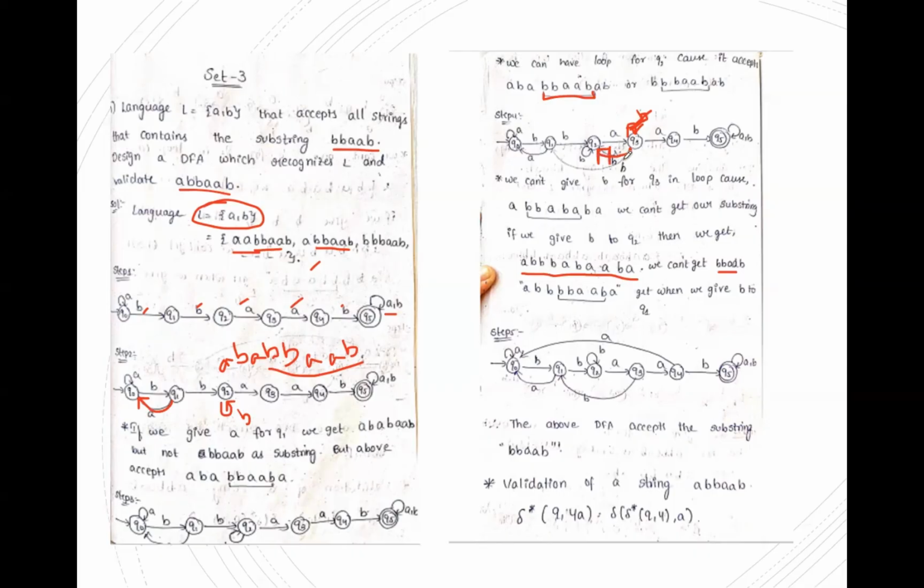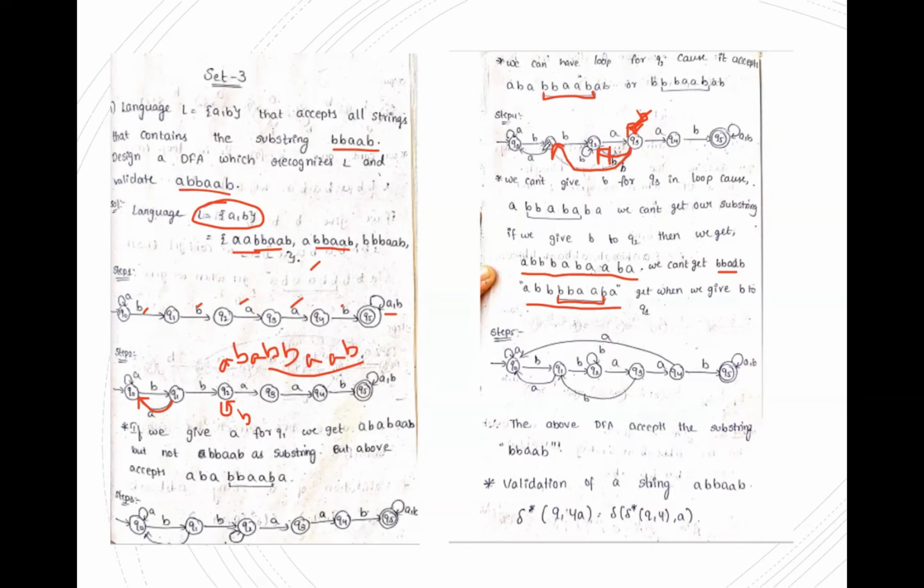Now, if the automaton moves from Q3 to Q1 on input symbol B, then you'll get a string like this, where you can see BB as a substring. So this is accepted. Now, if you move to Q4, we already applied input symbol B on Q4. Now we need to apply A also. So we'll check with Q3, Q2, Q1.